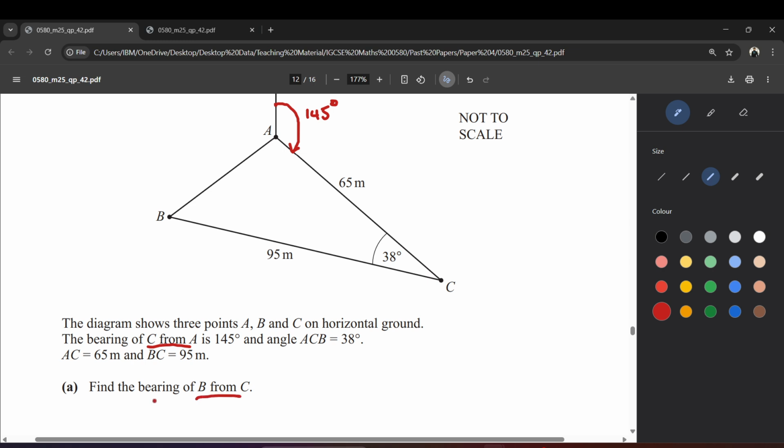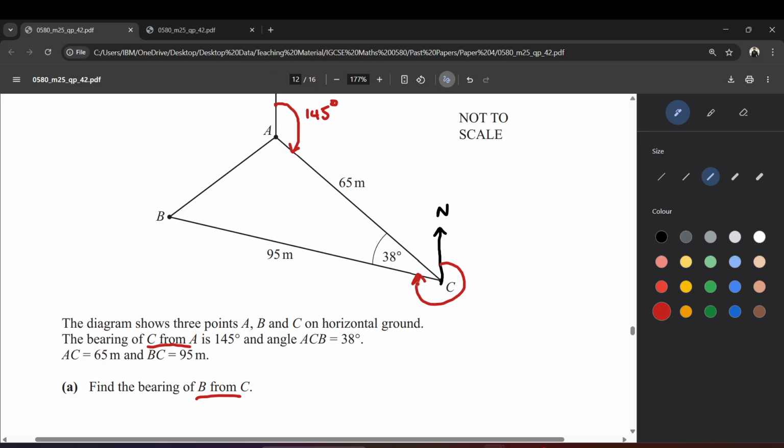So you need to find the bearing of B from C. What does that mean? If I draw north at C, I need to find the bearing of B from C, so I have to find this angle.